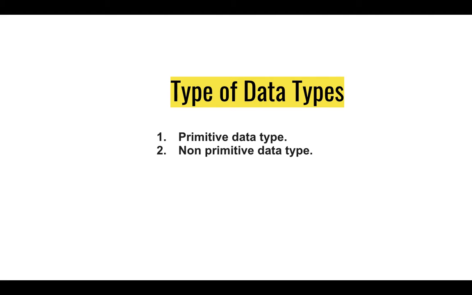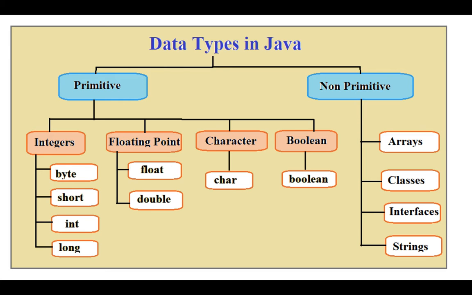Types of data types: primitive data type and non-primitive data type. These are the two types of data types. The first one is the primitive data type. A primitive data type is predefined by the language and is named by a reserved keyword.